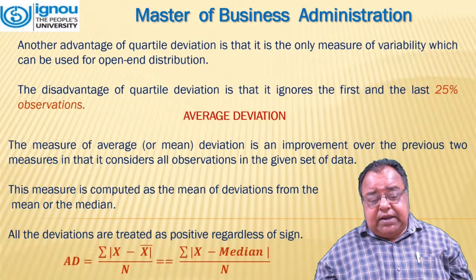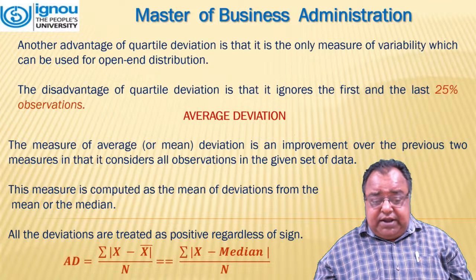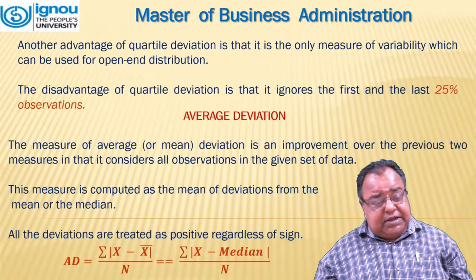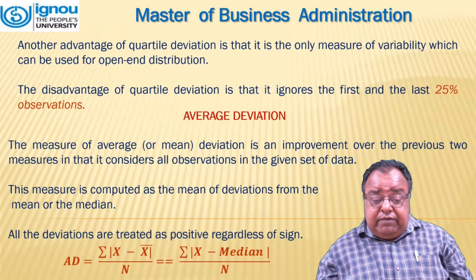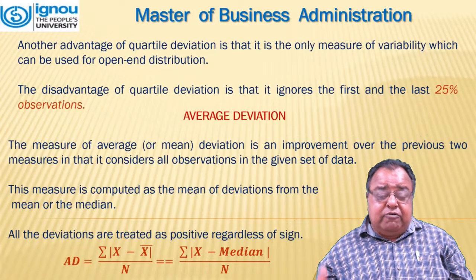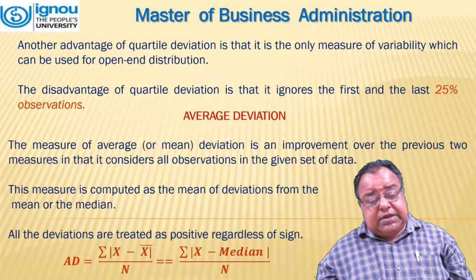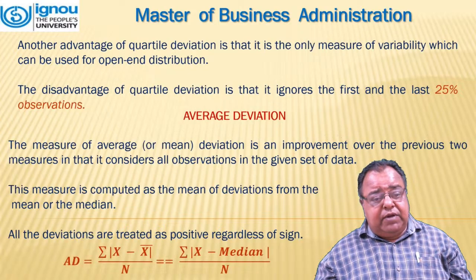That is why you can see that after the summation we have used the mod sign. That means the difference of x minus x bar, whether it is plus or minus, will remain positive, divided by n. If we are talking in terms of the mean, it will be the sum of |x minus x bar| divided by n, and if we are evaluating in terms of the median, it will be the sum of |x minus median| divided by n. In both cases, the number will be positive.